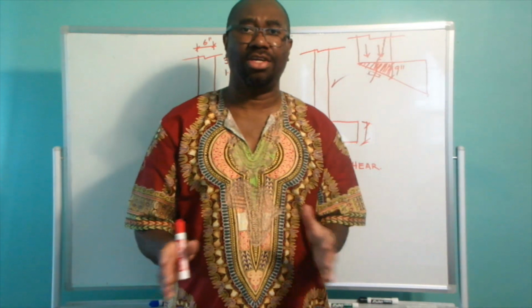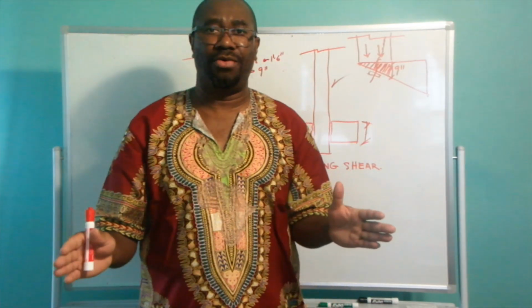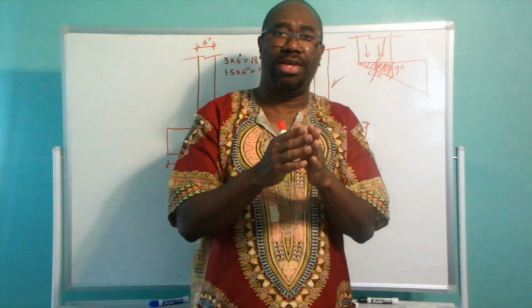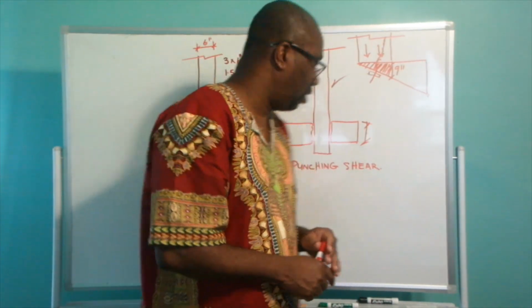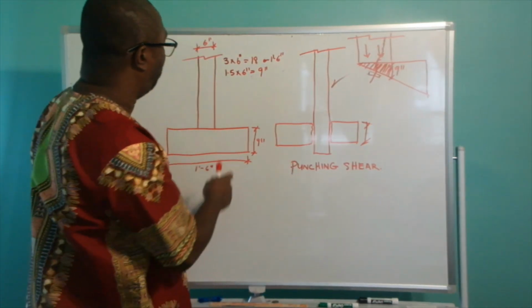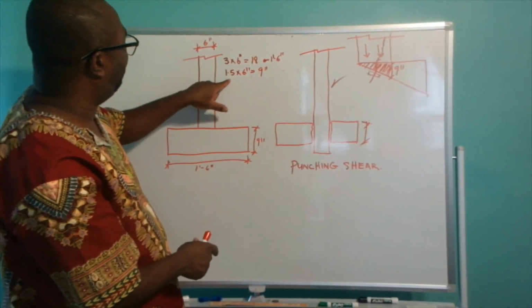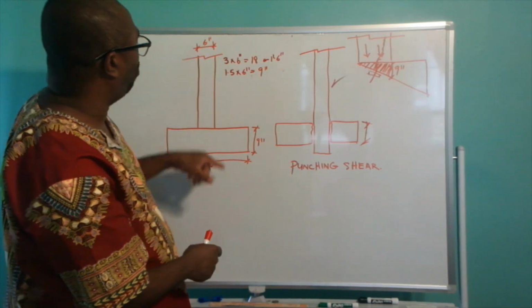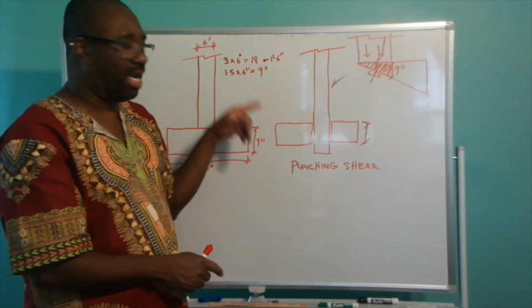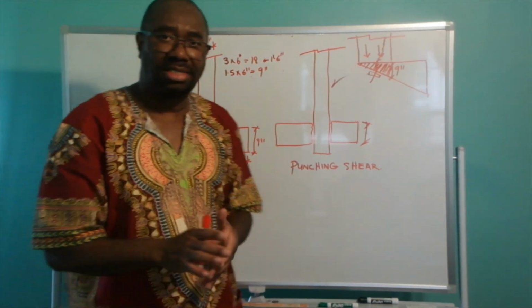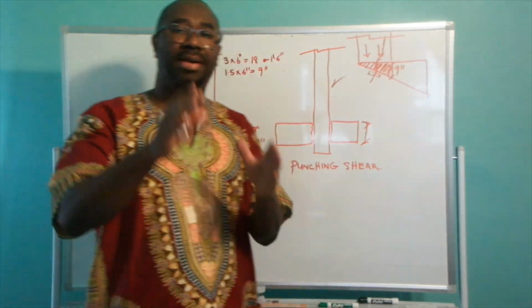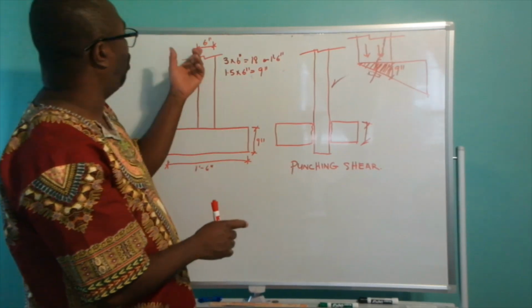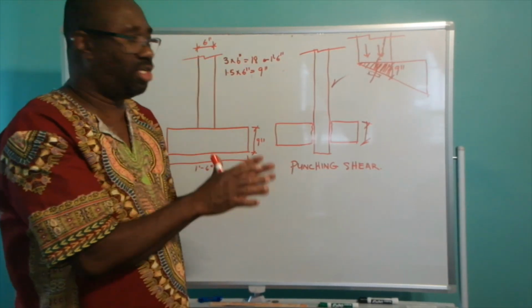The weaker your soil, the wider your footing to accommodate the weakness of that soil. So I just want to point that out. Now, the thickness of your footing is 1.5 times the thickness of your wall, which works out to be 9 inches. And again, this is the minimum thickness. It can be more, but not less than 9 inches if you're using a 6 inches wall.